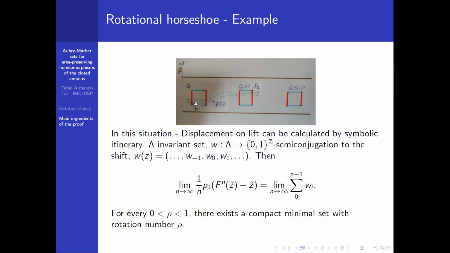No, this I understand. The construction of the topological horseshoe, I can. How do you find the minimal set with that rotation number? Okay, just take the Sturmian sequences. Take some whole row here, and then you just rotate.